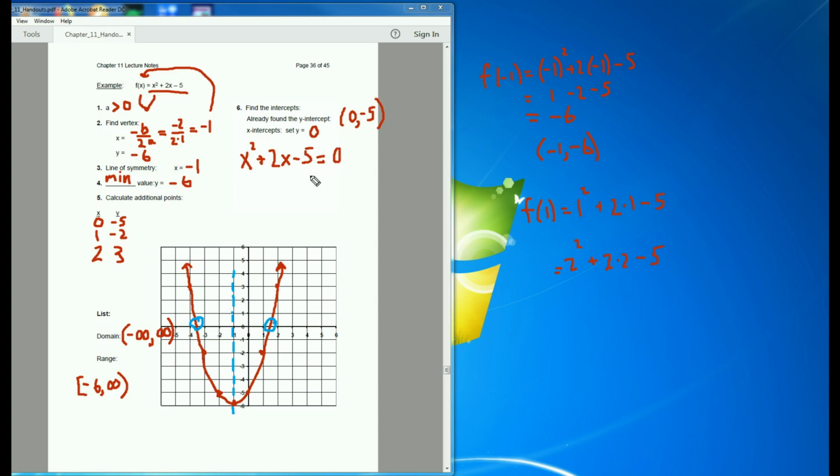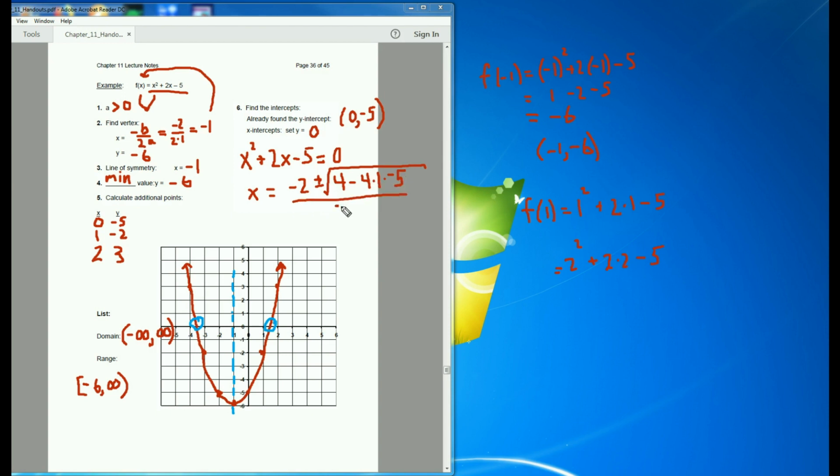And in this case, it certainly doesn't look like it's factorable, so I would just use the quadratic formula. So x equals -b, so that's -2, plus or minus the square root of b squared. 2 squared is 4, minus 4 times a, which is 1, times c, which is -5.